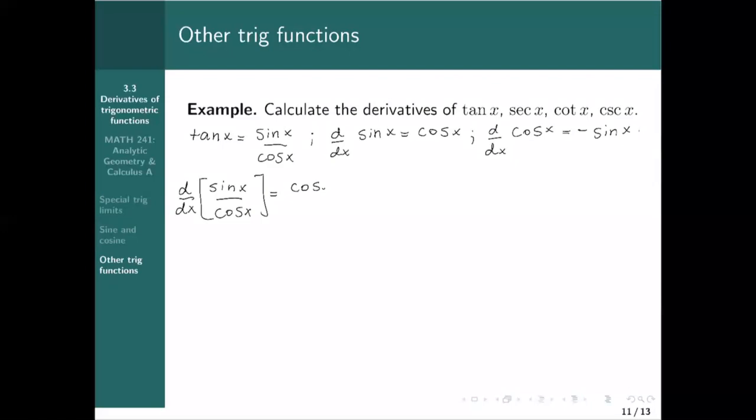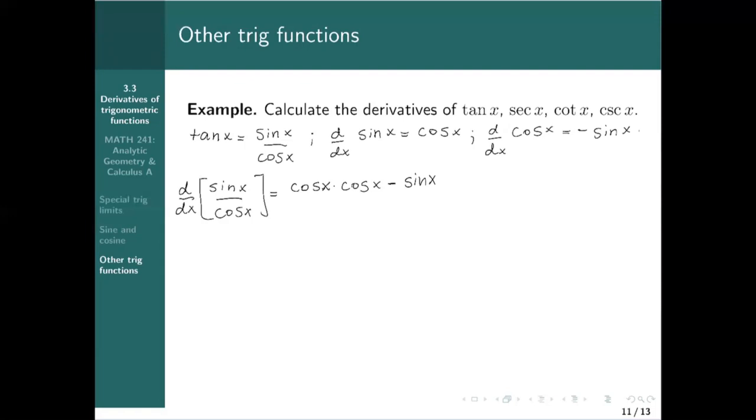So the derivative of the numerator, derivative of sine, is cosine. So we have cosine of x times cosine of x minus high d low. So high is sine of x and d low, we are going to take the derivative of cosine of x, which is minus sine of x.